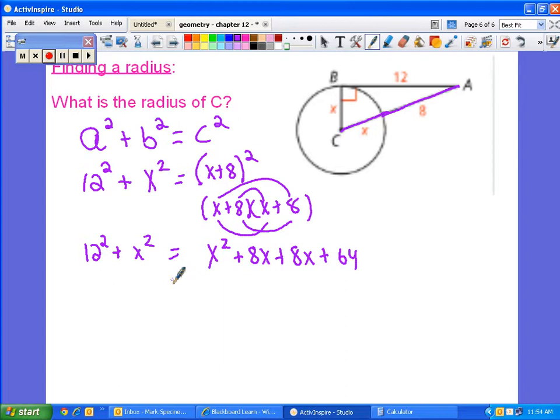I'm going to combine my like terms. So I get x squared plus 16x plus 64. 12 squared is, we might as well figure out what that is. 144 plus x squared. Now what do I do?